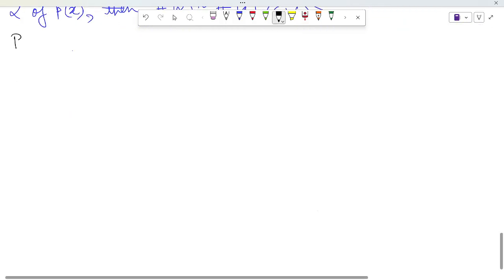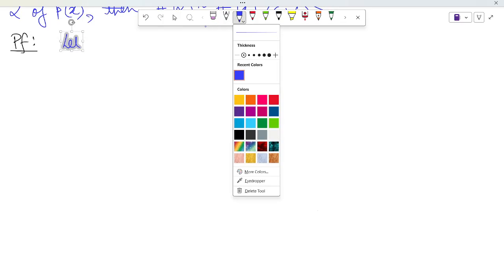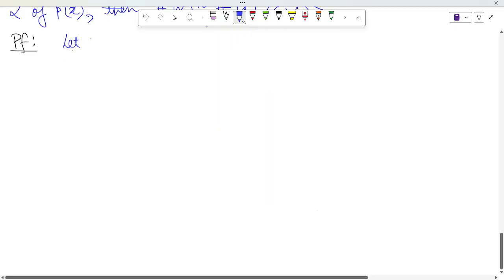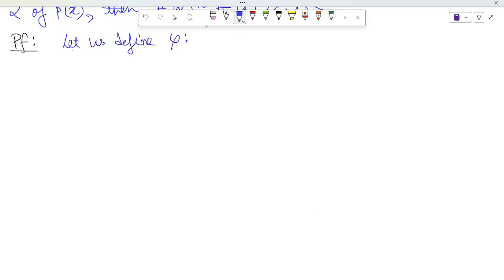Proof. Let us define phi from F[x] to F(alpha) by phi of f(x) equal to f(alpha).